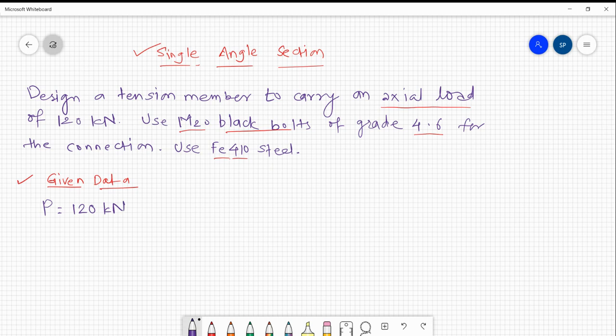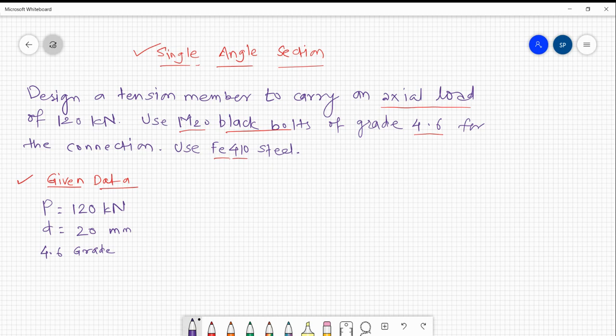Next, M20. Now this M20 gives you an idea about the nominal diameter, and this is the type of bolt, black bolt. So the nominal diameter of bolt is 20. Then property class is defined here. Property class is 4.6 grade of bolt.